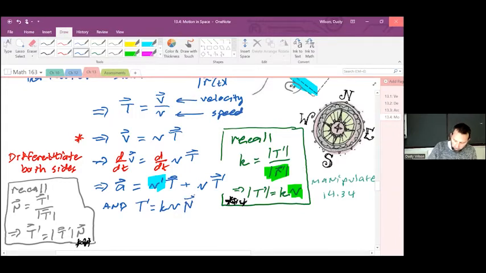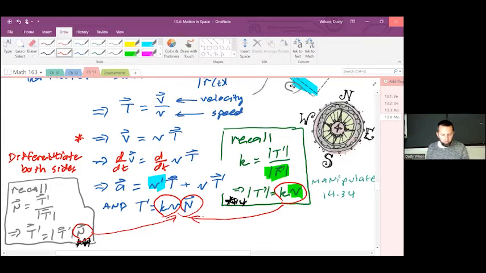So notice, make sure you're seeing where these are coming from. So the kappa v is this same kappa v here, and the N is the same N there. So all of this jazz can be substituted in for this T prime.